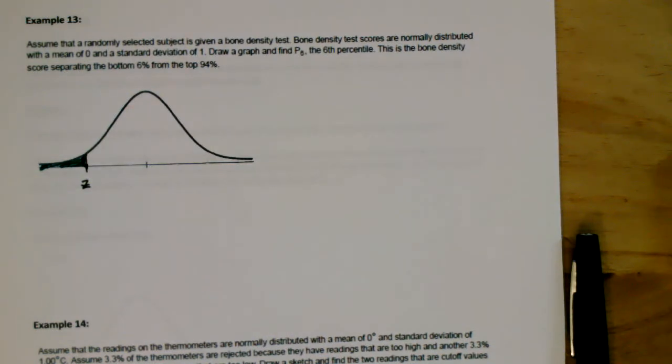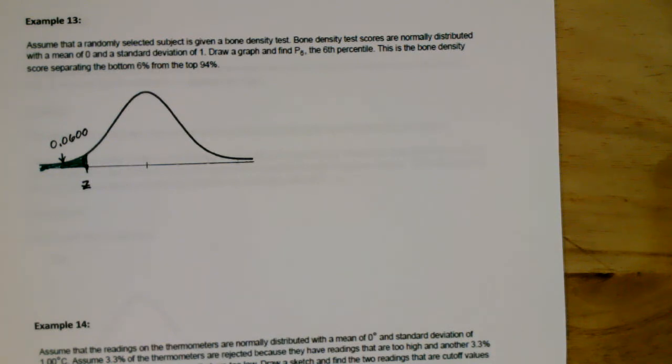And 6% as a decimal, by the way, is 0.06. And I'm going to carry this out to 2 more decimal places. So that area underneath the curve is 0.0600.